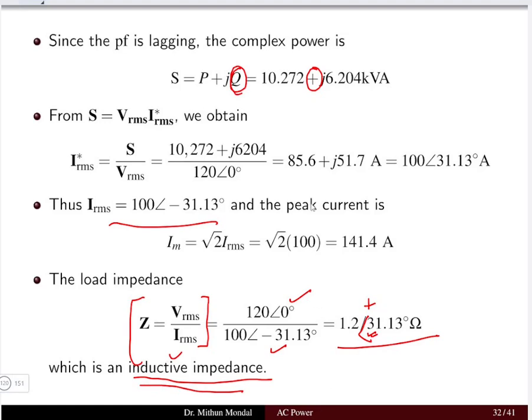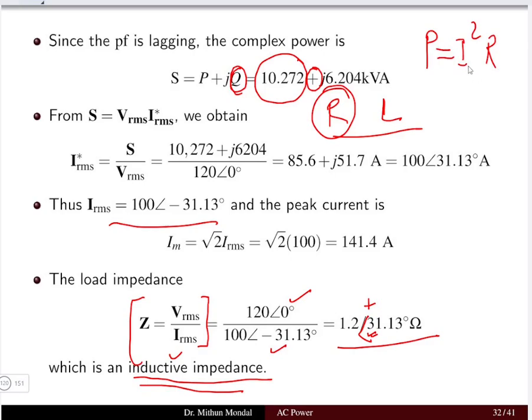Now, suppose for example you need to calculate the value of R and the value of L. Then we can calculate R from the real power, because we know that power is I squared into R. Here the current will be RMS and the power is the real power, that is 10.272. So we can calculate the resistance.